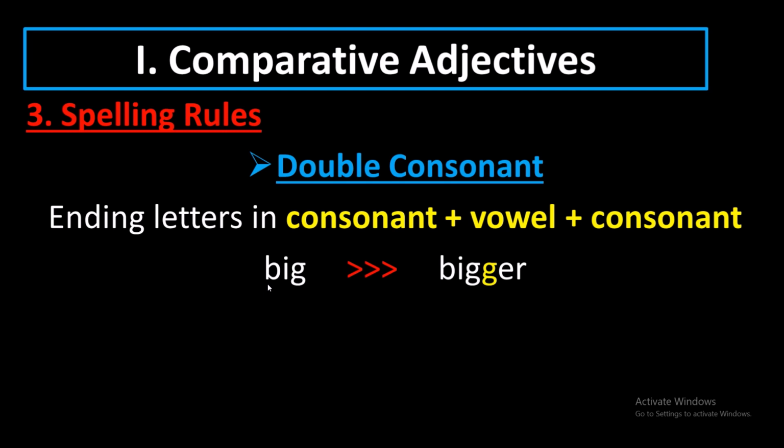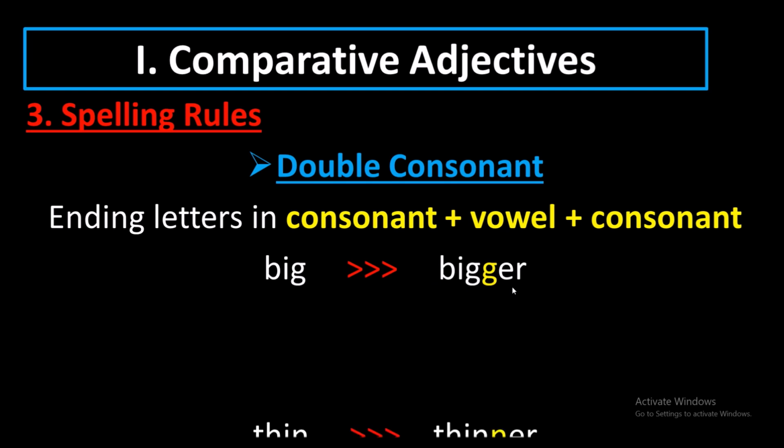Remember the consonants like C, B, D, Z. And vowels like we have A, E, I, O, U. B is a consonant plus vowel, which is I, plus consonant G. So the word big has consonant plus vowel plus consonant. So this time we have to add one more G, or we call it a double consonant. So you have to double the G.